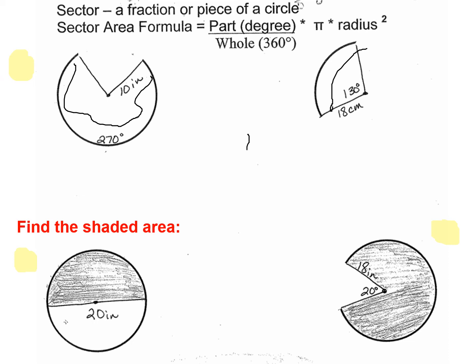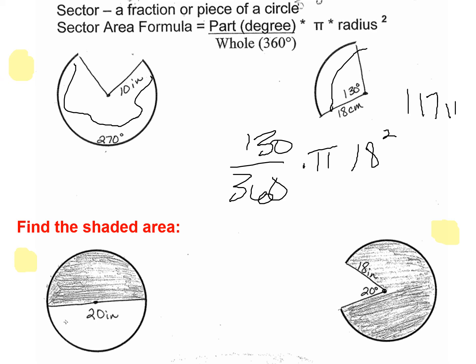So the little one has 130 degrees over 360 times pi times 18 squared, of course. And you end up with 117 pi. I want both answers, or 367.6.